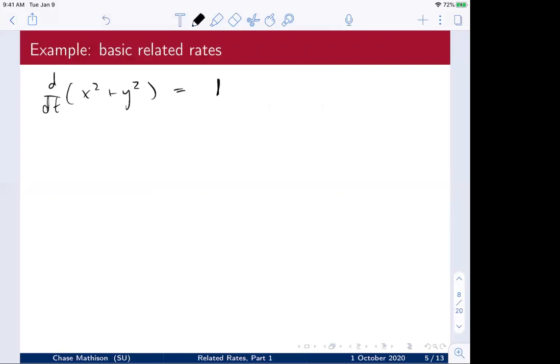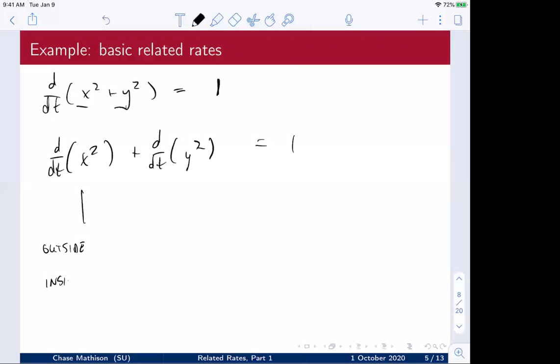So I can take the derivative of each part separately. I'm going to do the derivative with respect to t of x squared plus the derivative with respect to t of y squared, and the right-hand side is still equal to 1. Remember, implicit differentiation is just the chain rule. For each of these, we can write out the outside function and the inside function.